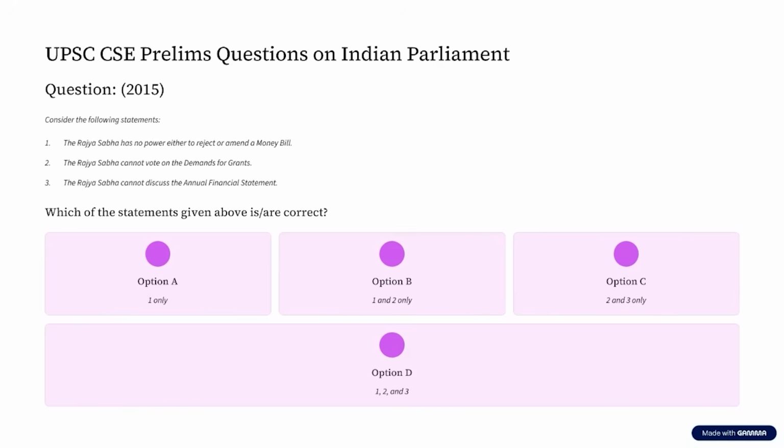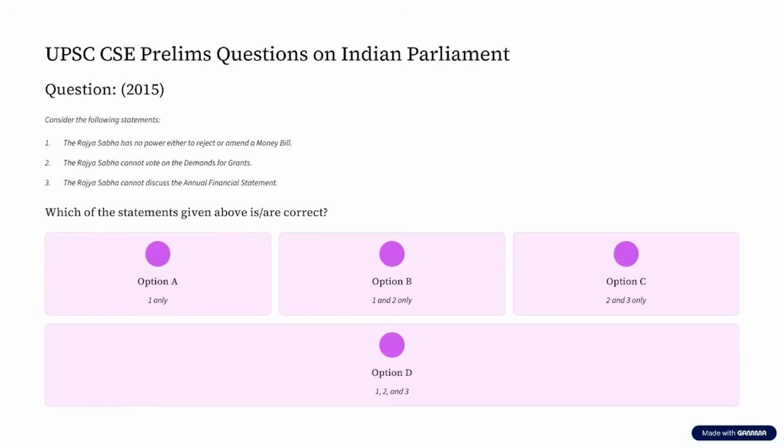Now, whom does this Rajya Sabha represent? This Rajya Sabha represents the states and union territories of the Indian Union, whereas the Lok Sabha represents the people of India as a whole. Now, I said that the Parliament consists of the President of India also. But is the President of India a member of any one house of the Parliament? The answer is no. But why is the President still an integral part of the Parliament?